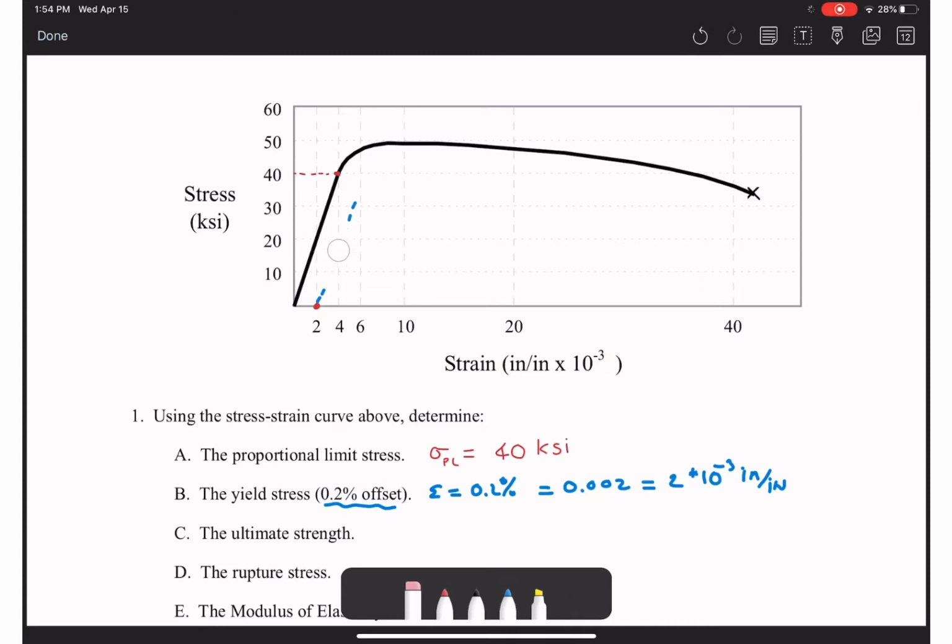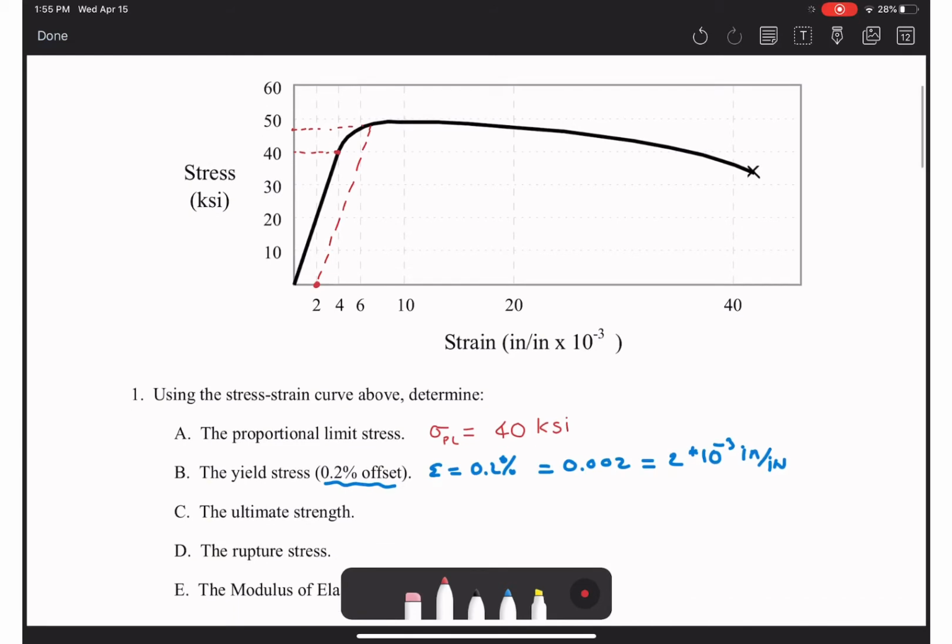Let's make it straight now. Let's use red to make it easy to see. Whatever it meets there, we will find the yield stress.